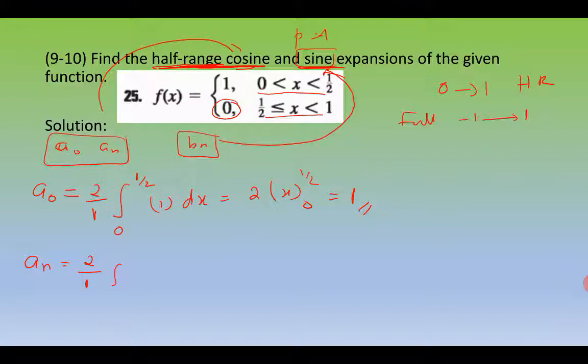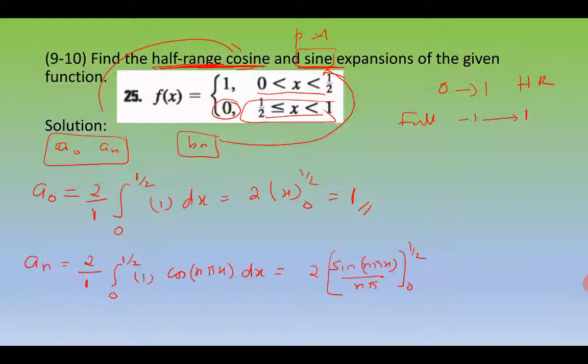Next is An. 2 over 1, integral 0 to 1. It should have been 1, but up to 1 there is no function. The function is available only up to half. Up to half, the function is 1, cosine n pi x divided by 1. That is the theta, and dx. Integration of cosine will be sine n pi x divided by n pi from 0 to half.